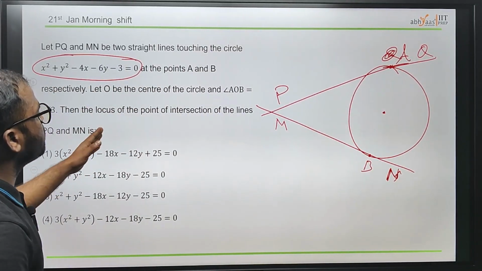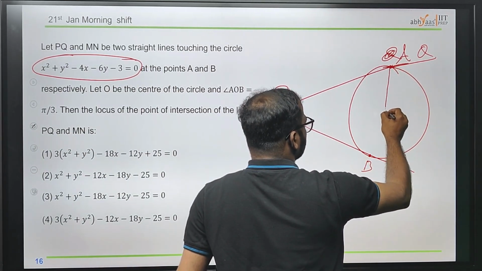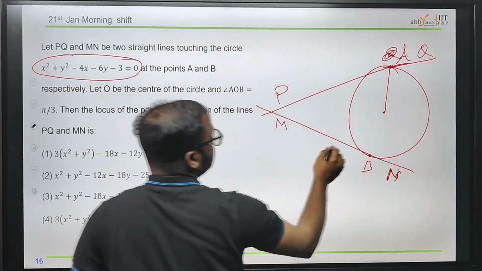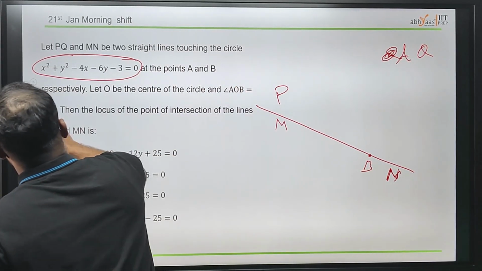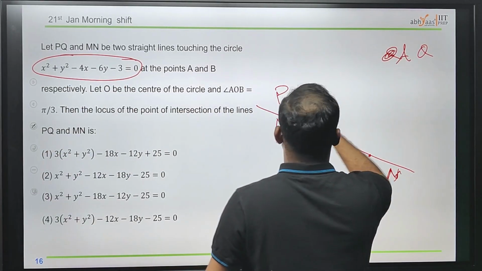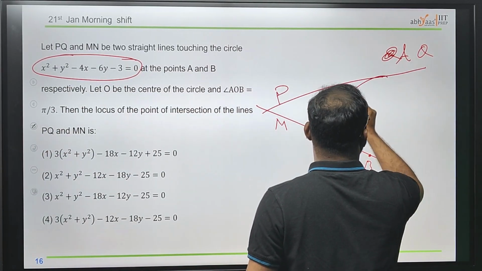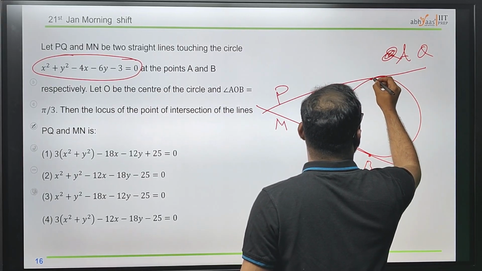Now, the center of the circle and the triangle AOB, I think I will just draw it correctly.